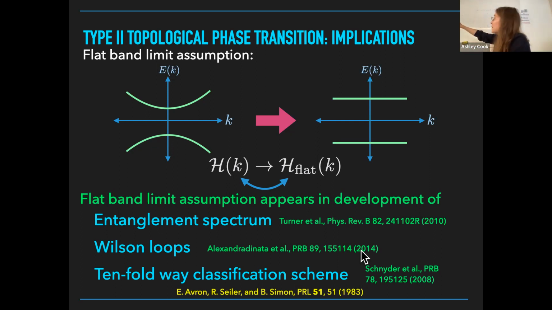The problem isn't necessarily that you made the bands flat. The point was you thought that in doing some deformation where you didn't close the gap, you did not change the topology of the ground state, but actually you can change the topology of the ground state. And the problem is that people do this sort of deformation.